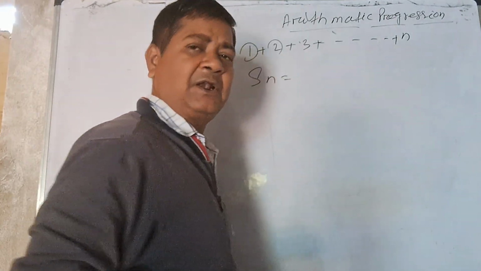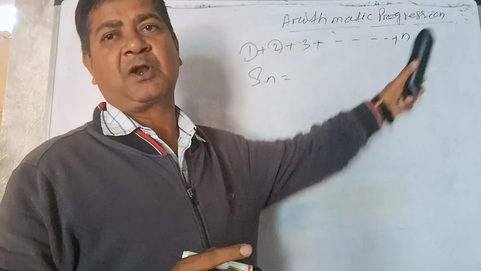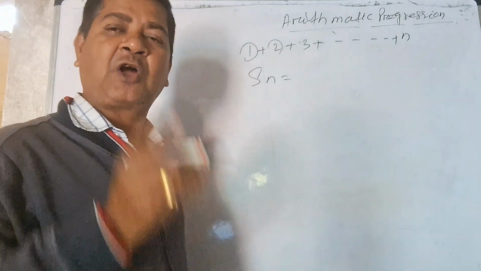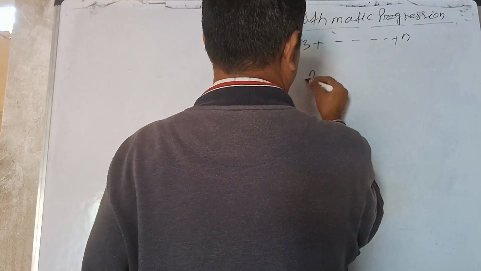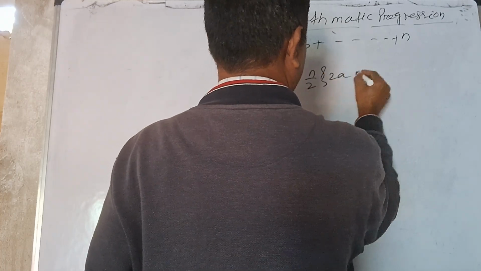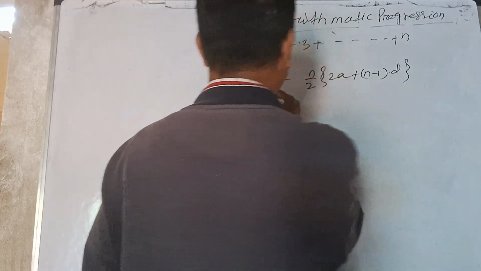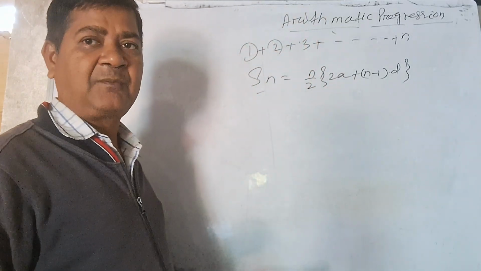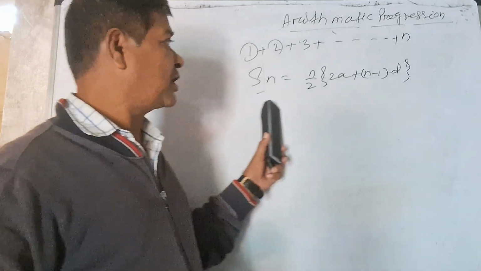Sn is the sum total of n number of terms. Your formula is n by 2 into 2a plus n minus 1 into d. It is your Sn formula, the sum total of n number of terms.